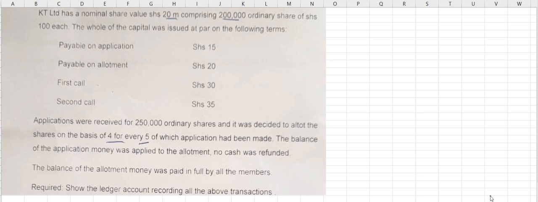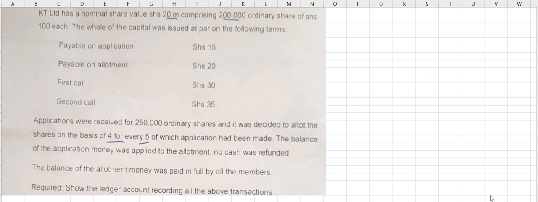Welcome to this tutorial where I will be breaking down a common yet crucial topic in financial accounting, that is share capital transactions, specifically focusing on the issuance of shares with oversubscription. We will be tackling a practical problem similar to what you might encounter in your exams or real world scenarios.